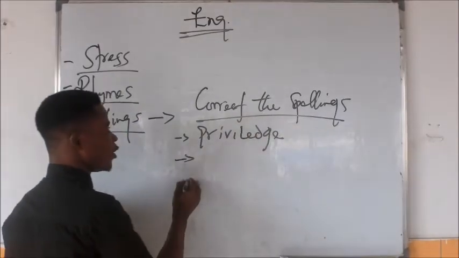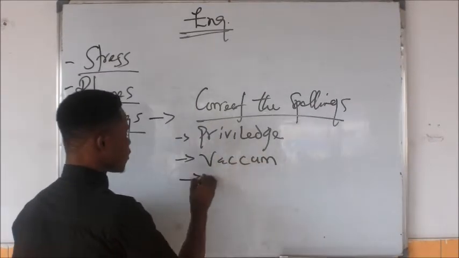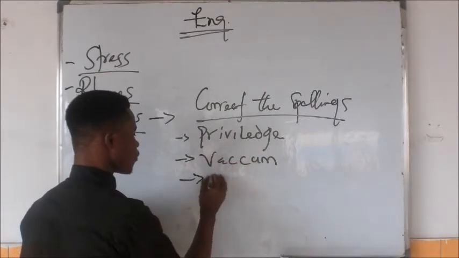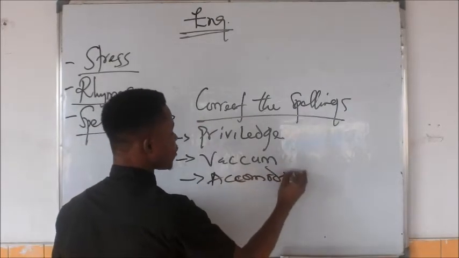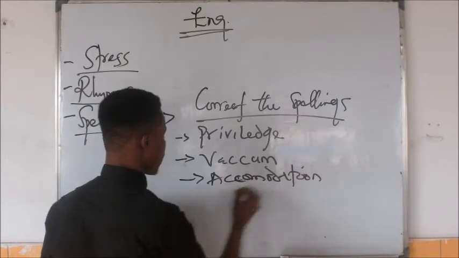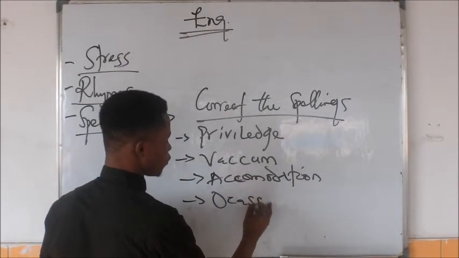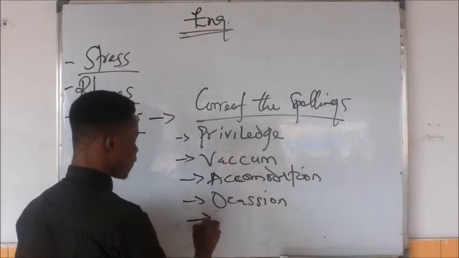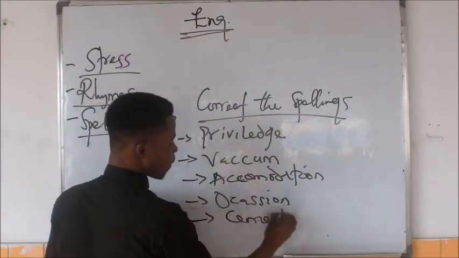Number one, the one we are very familiar with, privilege. Number two, vacuum. Number three, accommodation. Number four, occasion. Number five, symmetry.